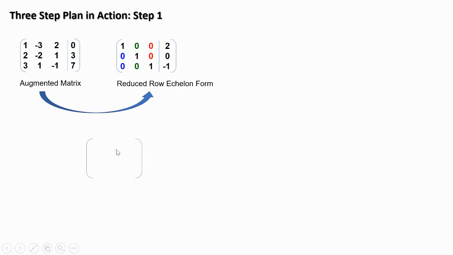So here we go. I'm going to do the steps in the 3-step plan in 3 different slides. This one will be step 1, the next one will be step 2, and the third slide after this one will be step 3, and the final answer will be on that slide. So that's row 1, row 2, and row 3. So what's the plan here?